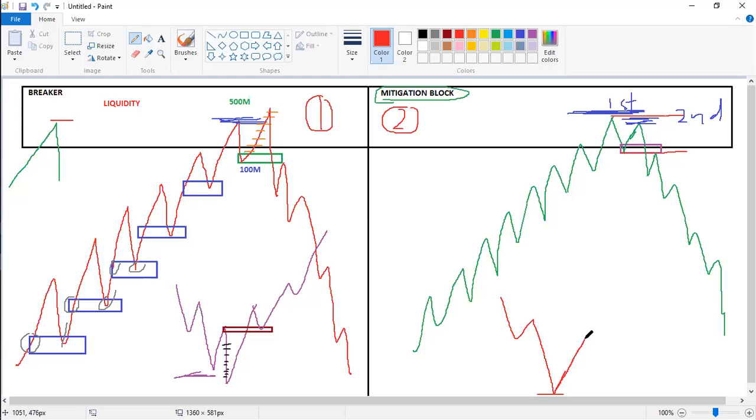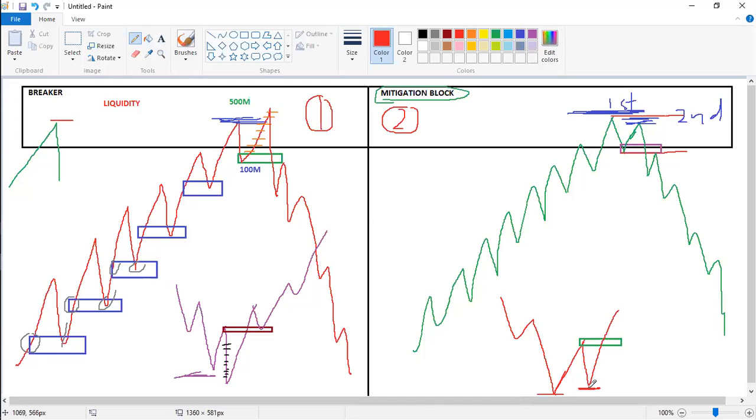Price goes up, they want to buy again, but they don't want to buy up here, they want to buy low. So they will push price down to discount of this low and this high, with this order block here. Once they enter their second orders, then price breaks market structure.